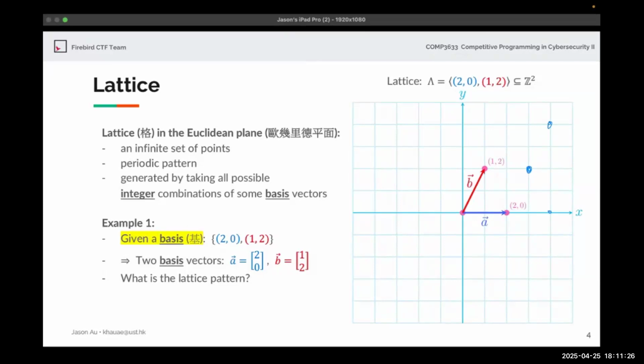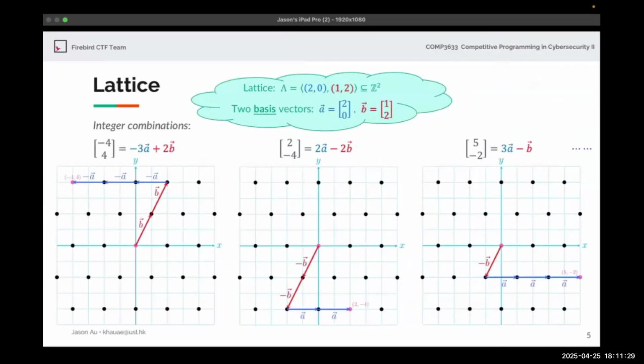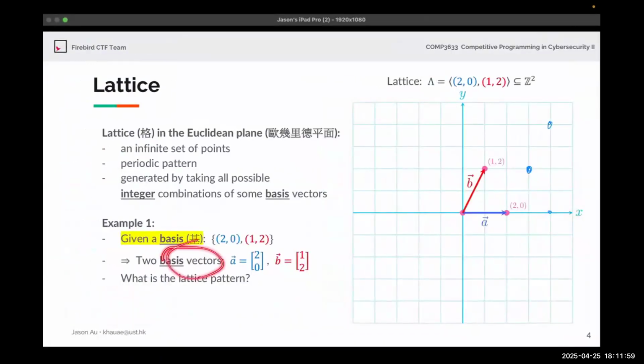Repeatedly doing this operation will get the lattice, which is the combination of the black dots. Here are some examples like -4, 4. This point is generated from -3a plus 2b, and this is -2b plus 2a. This is -1b plus 3a. So this shows how a lattice is formed based on the given basis vectors.